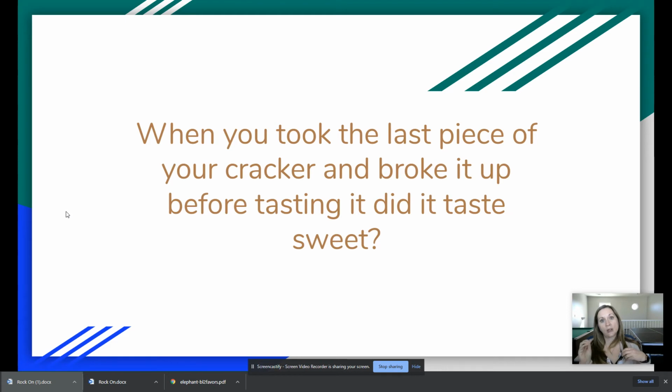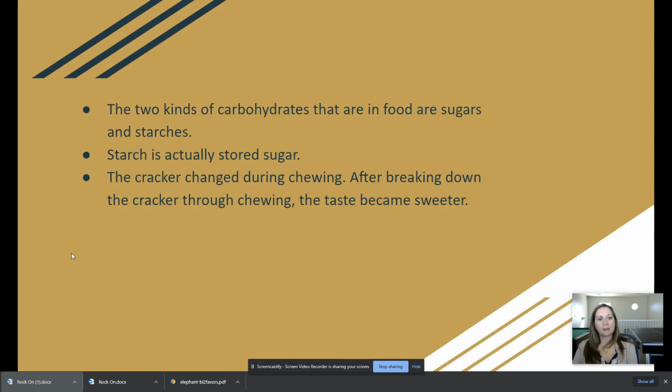And so when you broke it up in pieces, that was a physical change. It just broke it into little pieces, but it didn't change anything chemically about the cracker, so it still tasted salty. So that's kind of a big takeaway. It was a chemical change happening in your mouth with your saliva that caused the change in that taste of the cracker.